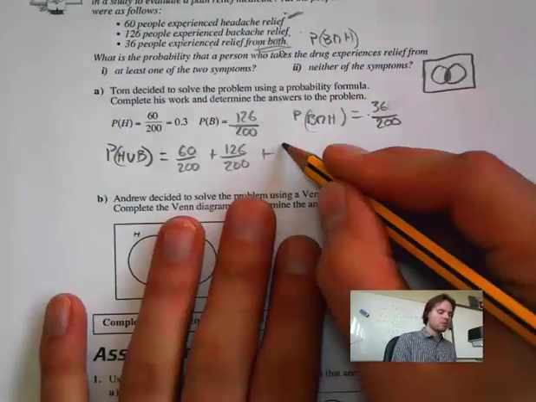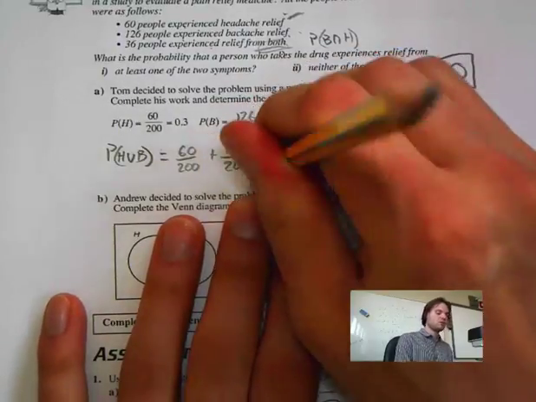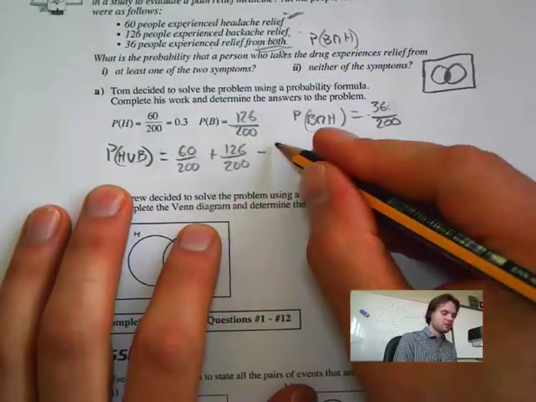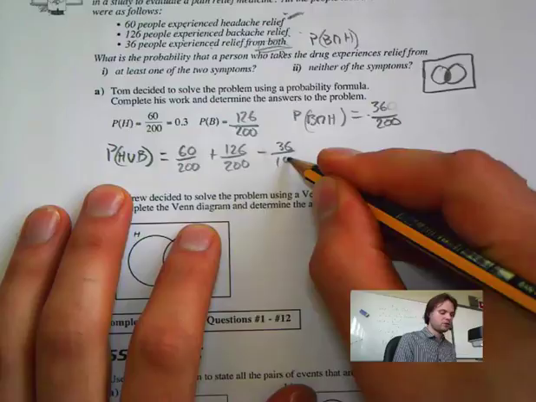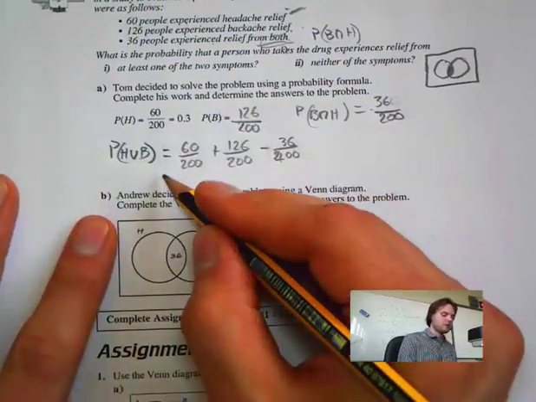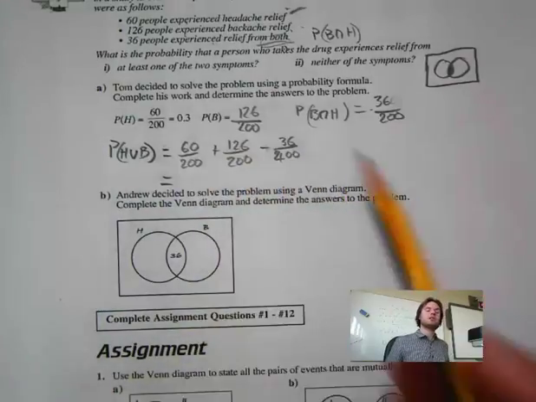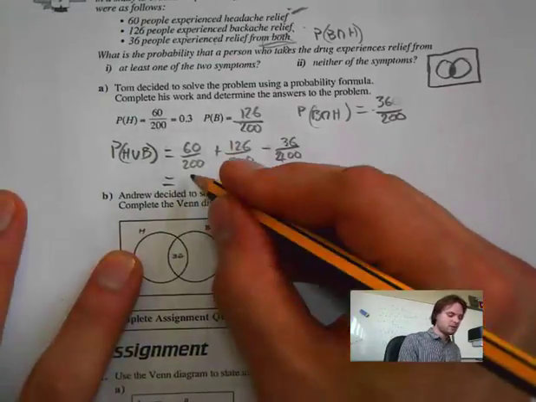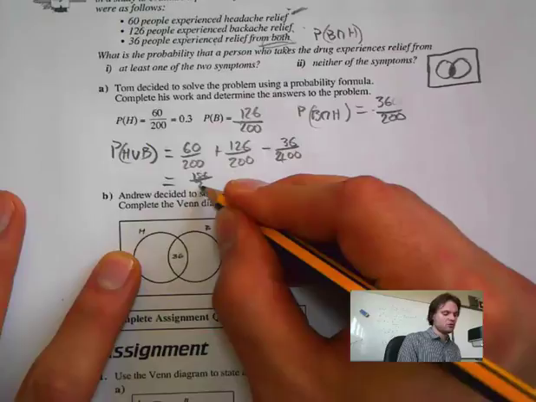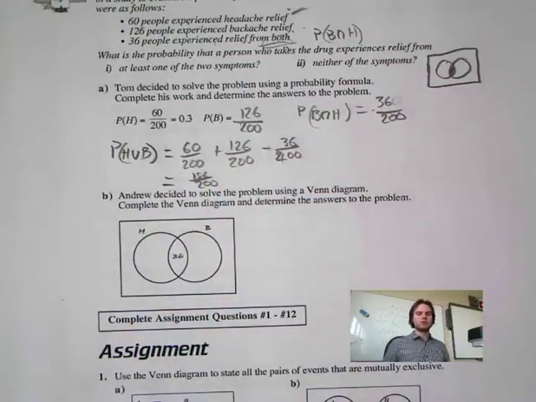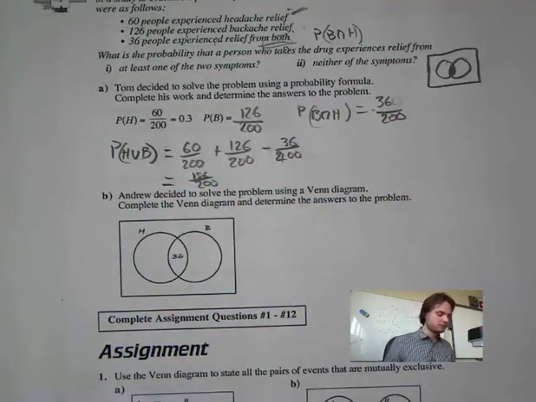So we subtract 36 out of 200. Now if I continue this, 186 minus 36 is going to give me 156 out of 200. Okay? And if you use your calculator, you could cancel that down.